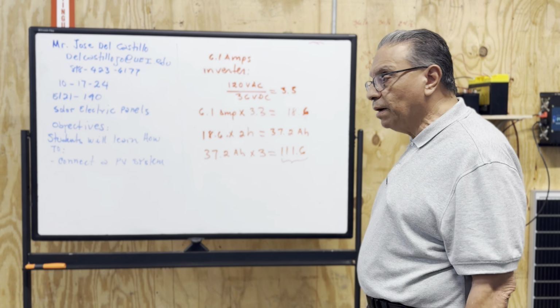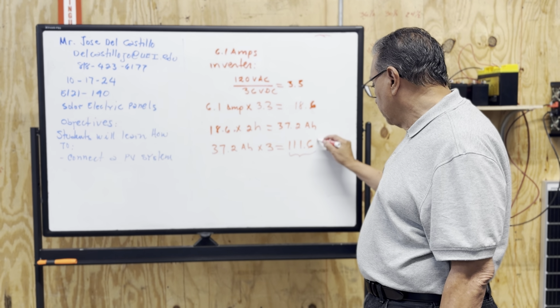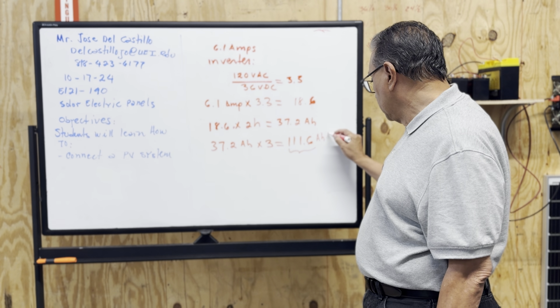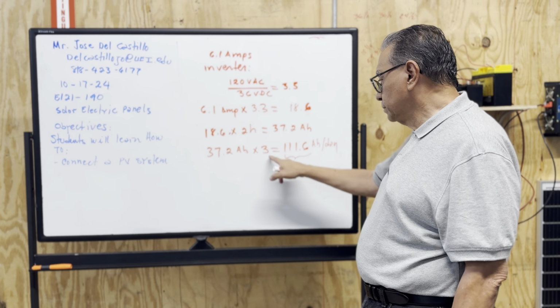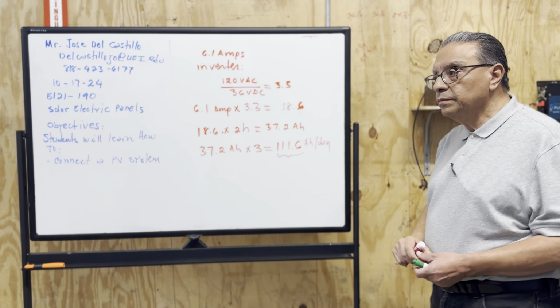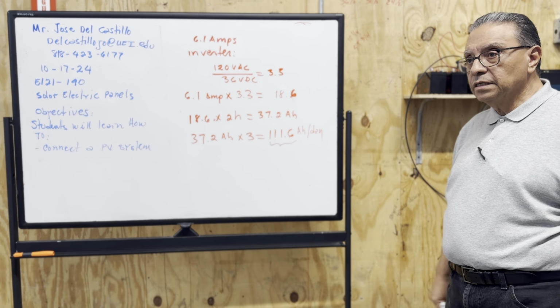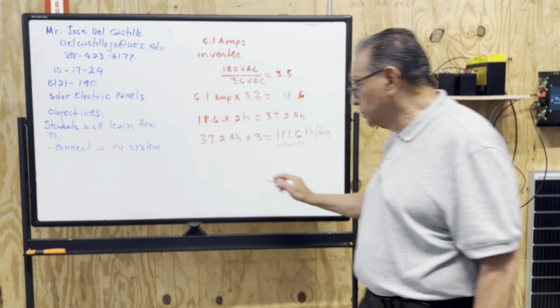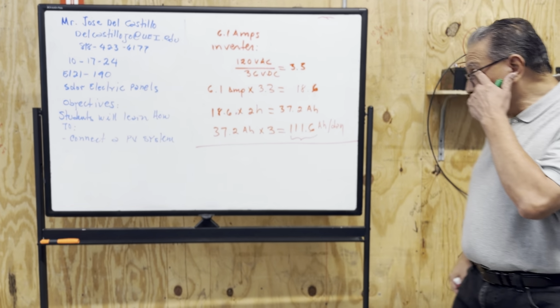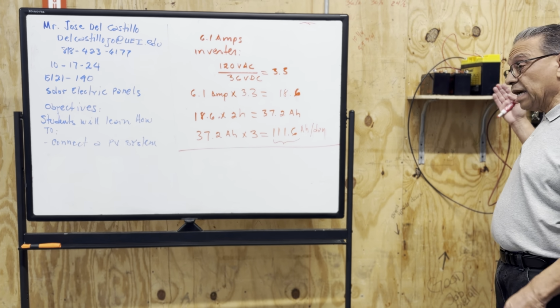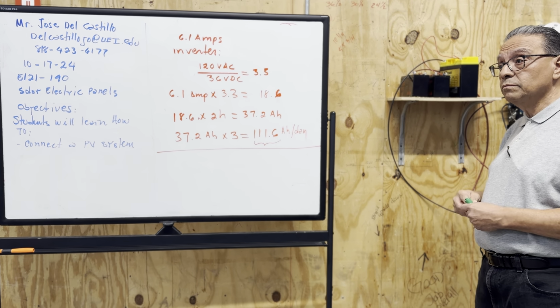So my battery bank should be producing this amount of ampere-hours for the 3 days. So that is the way that you determine the size of your battery bank.